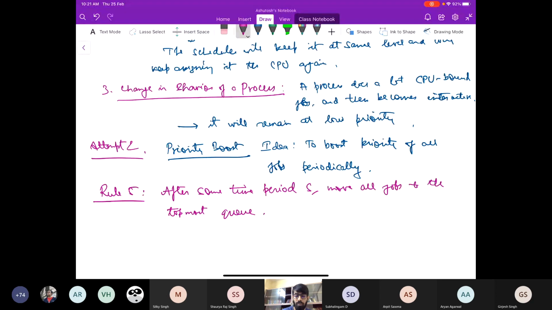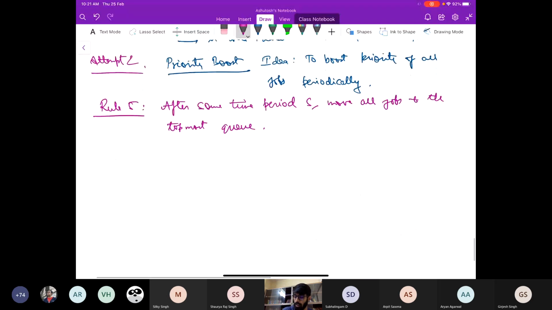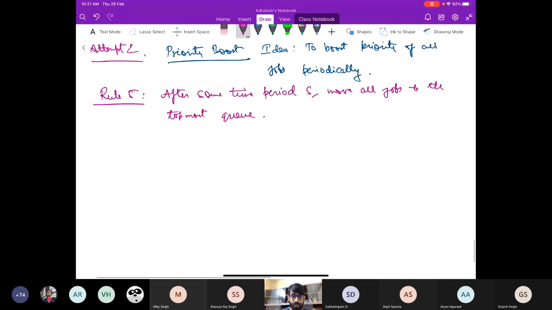Okay, so which problems does it solve of the three? First was starvation, second was gaming the scheduler, third was change in behavior of the process. Doesn't it solve all of them? No, it doesn't. It doesn't solve the gaming the system part. The job still remains at the top level.